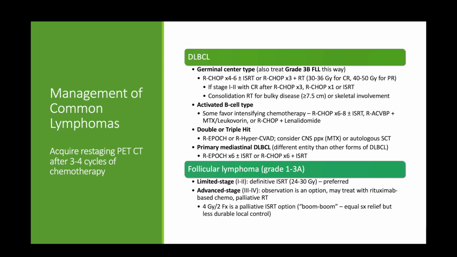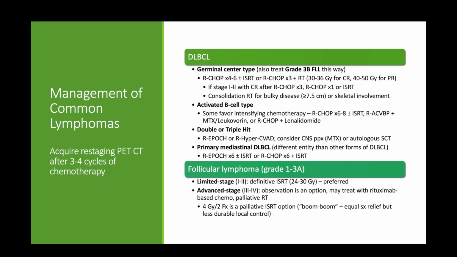And after 3 to 4 cycles of chemotherapy is typically when we would acquire a PET-CT. After a patient has received up to 4 to 6 cycles of R-CHOP, we might consider radiation as consolidation for bulky disease, so disease measuring more than 7.5 centimeters, or if they have skeletal involvement. And in the next talk, we'll discuss the studies that lead us to that conclusion.